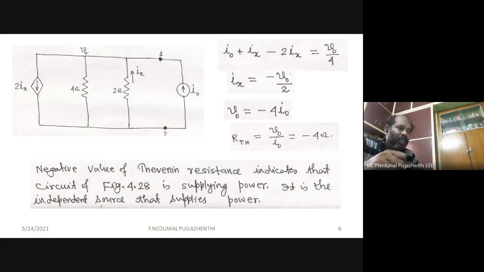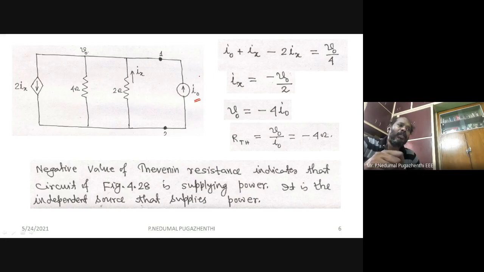I have connected a current source I naught, and please make a note of that. You can connect a voltage source of 1 volt and do the same as homework.